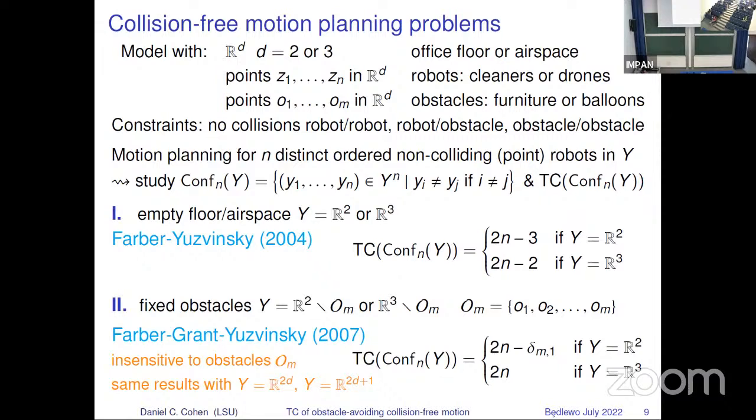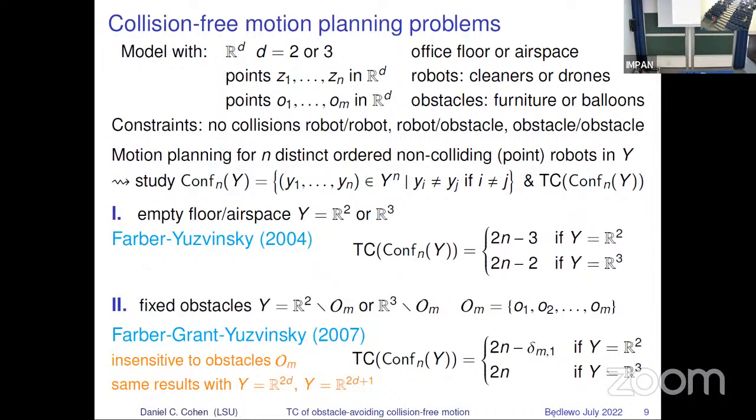If you have fixed obstacles, then the ambient space that you're working in is slightly different. It's not R2, for instance, anymore. It's R2 minus the positions of the fixed obstacles, or R3 minus those positions. And the topological complexity of configurations in that space is known as well.